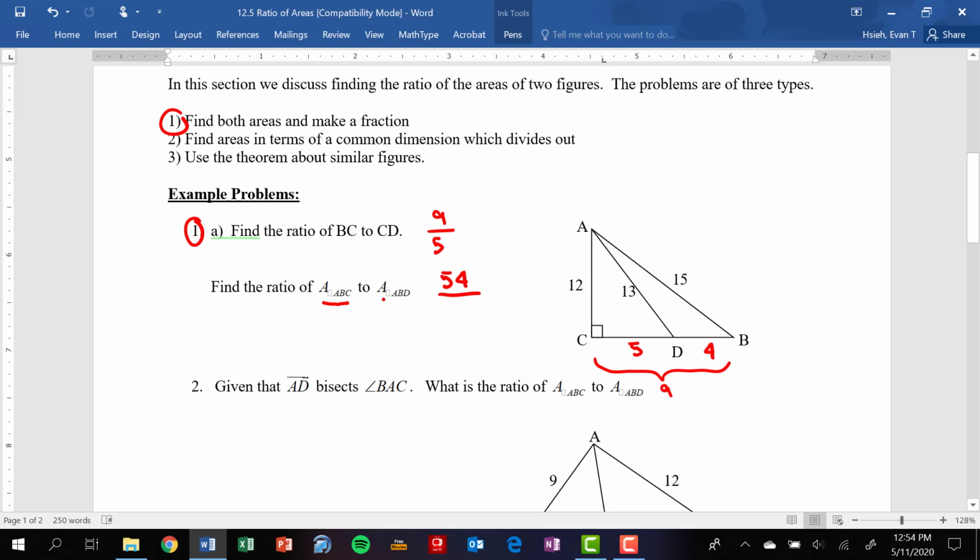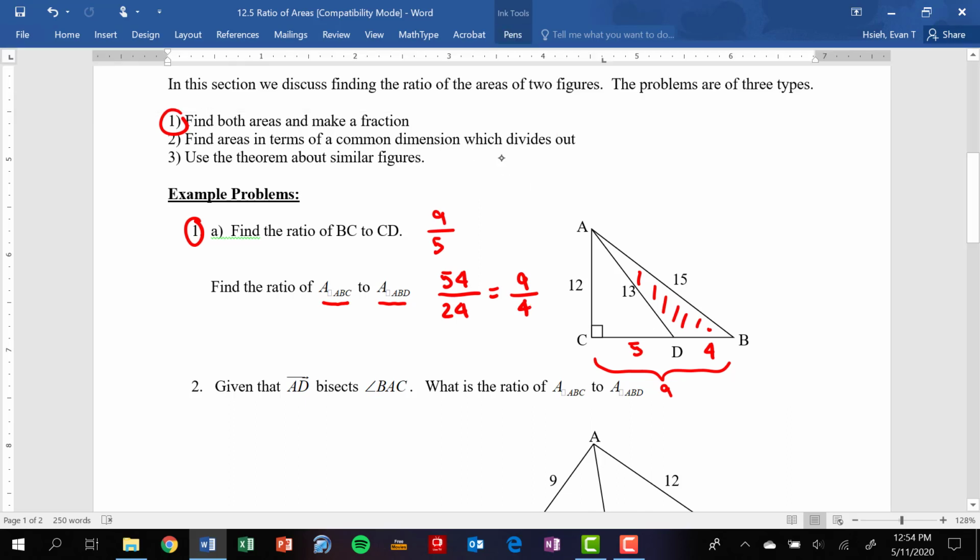And if I want to find the area of this triangle over to the right, I can do base, which is 4, times the height, which is 12. They have the same height. Divided by 2, which is 24. And this whole thing simplifies to 9 over 4. And that's the first type of problem.